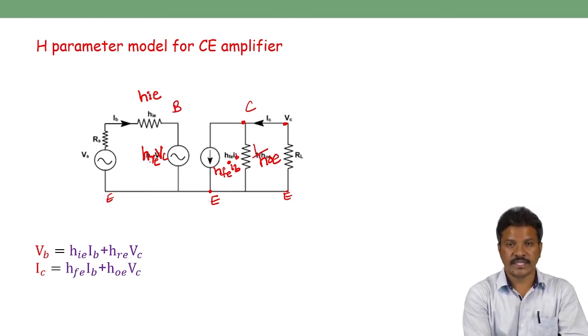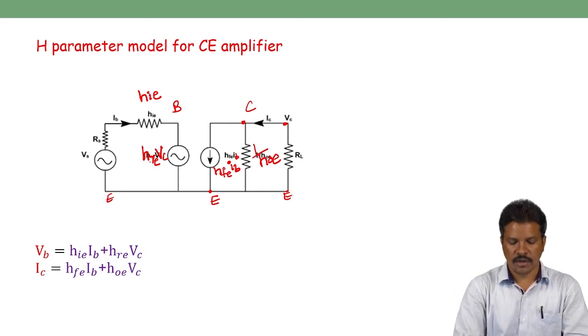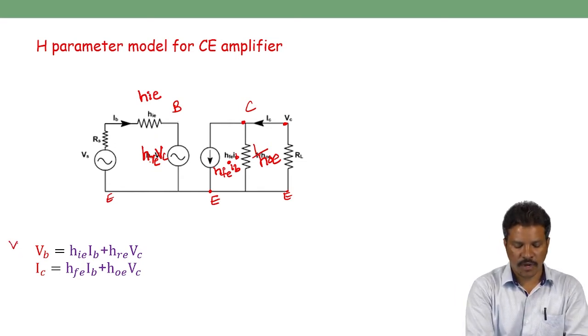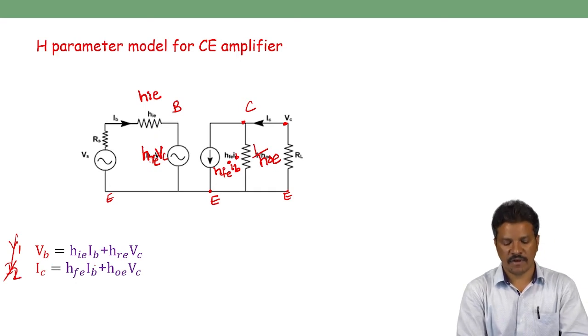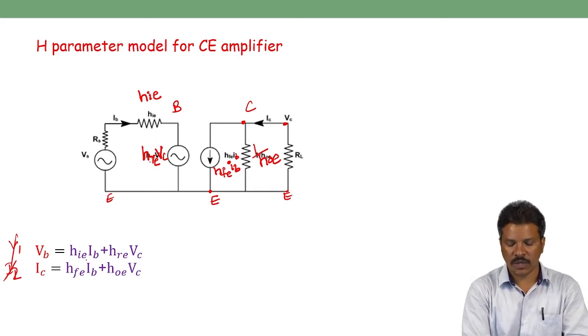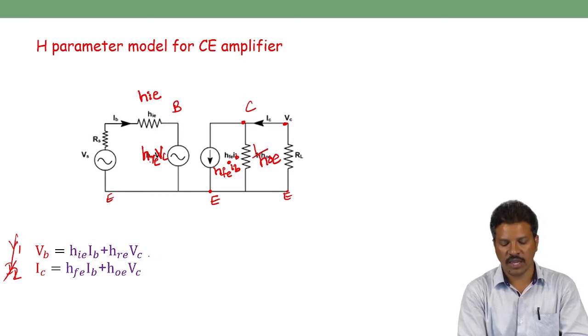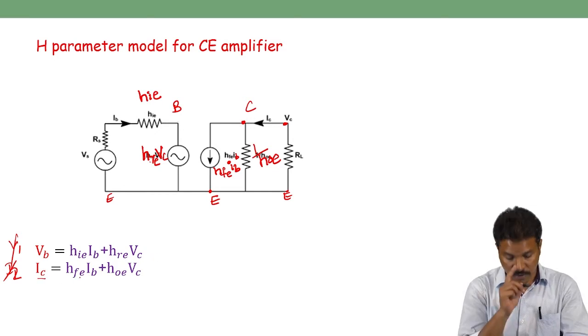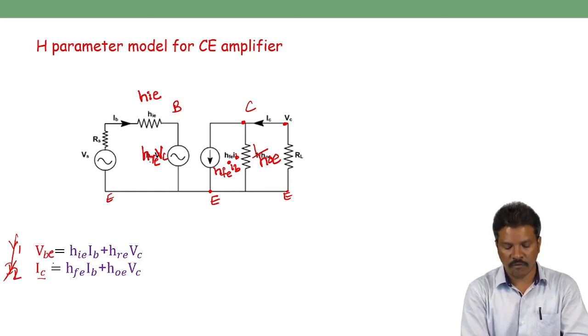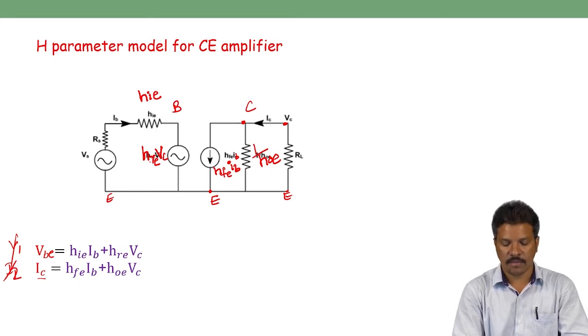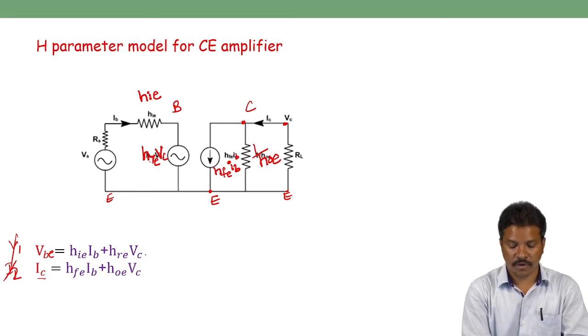We know the H parameter model equations with input voltage V1 and output current I2. When we replace these for the common emitter configuration, VB, also represented as VBE, is equal to HIE IB plus HRE VC, or VCE, and IC is equal to HFE IB plus HOE VCE.